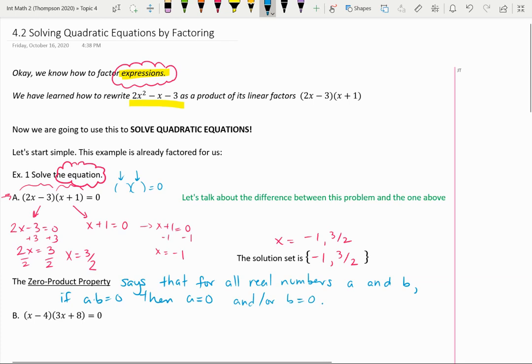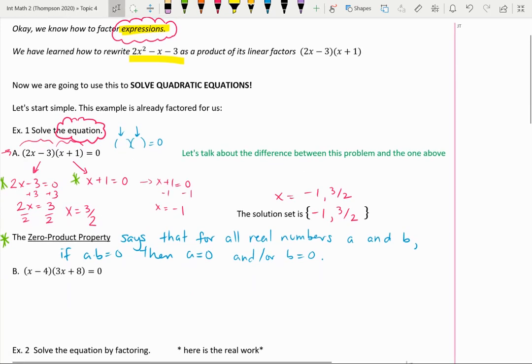The zero product property says that for all real numbers, if A times B is equal to 0, then A is 0 and or B is 0. This property is what allows us to set these pieces equal to 0. So again, this is just small pieces of the work. We're building up.